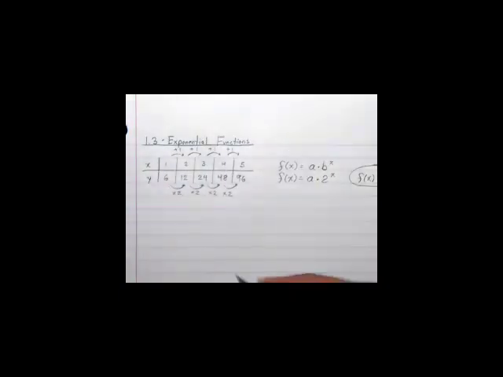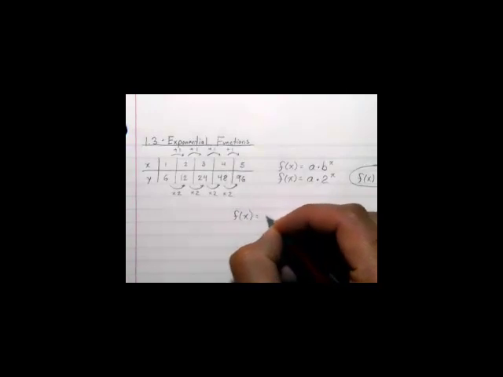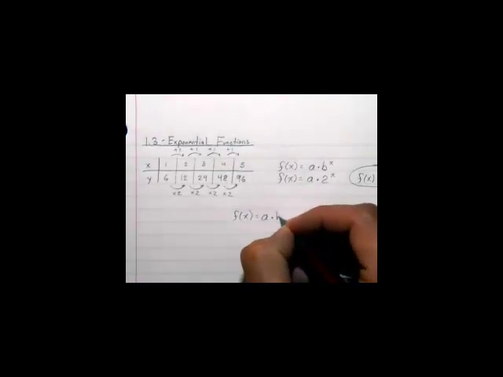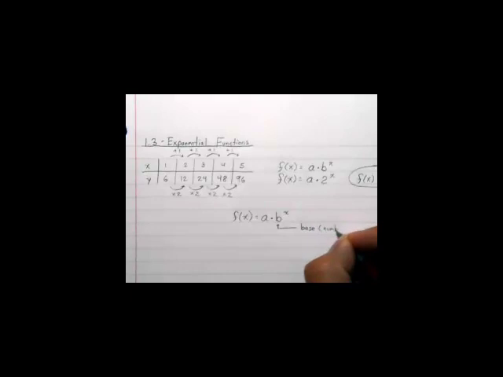So in general, here are some things you need to remember about piecing one of these together. The b is the base. That is the number that is getting multiplied over and over again.